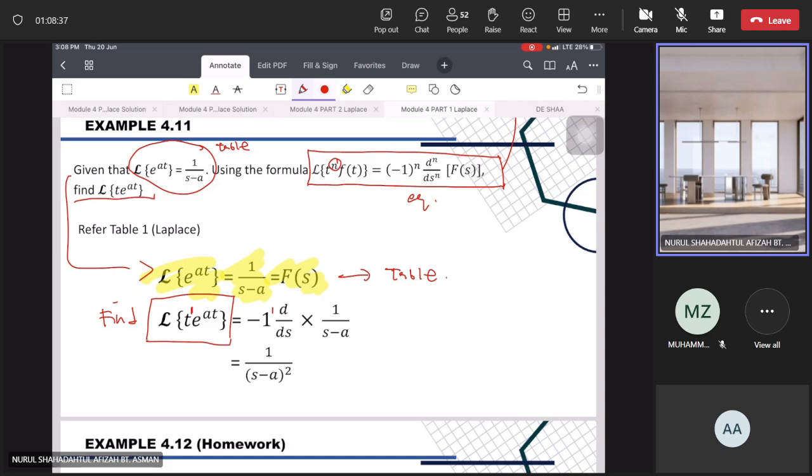So when you have 1, there is nothing to write now, times 1 over s minus a. So this is for t plus t, and then this one plus e^(at). We combine it, and then you just times the answer.